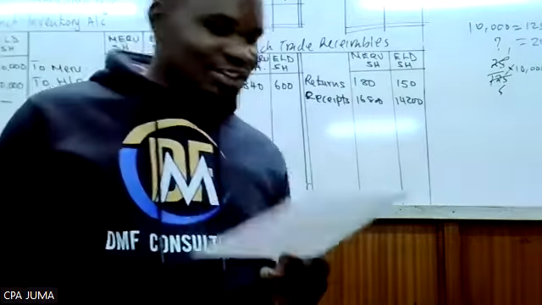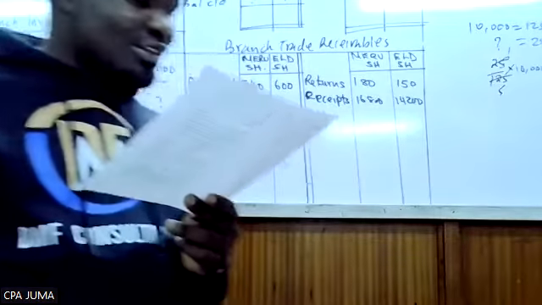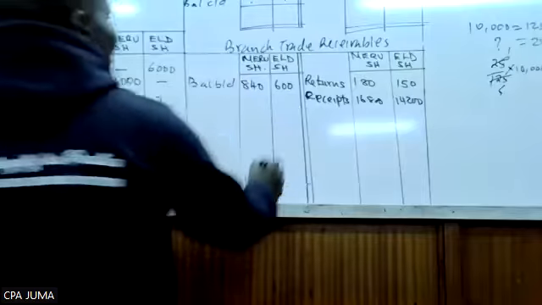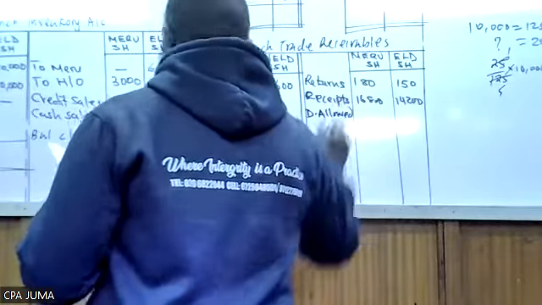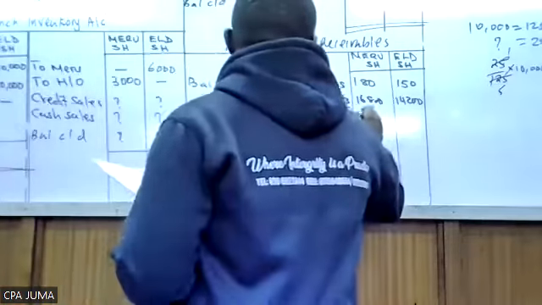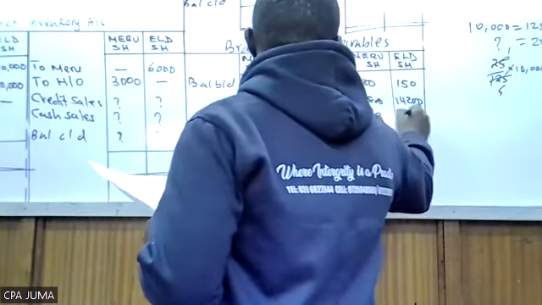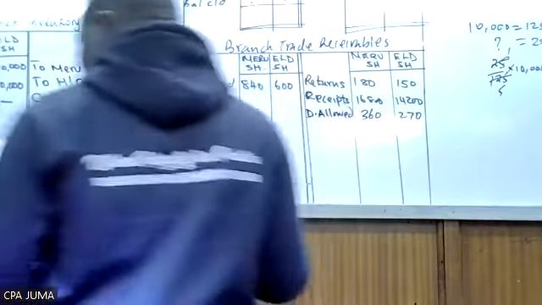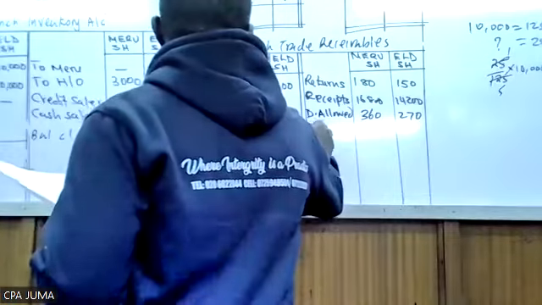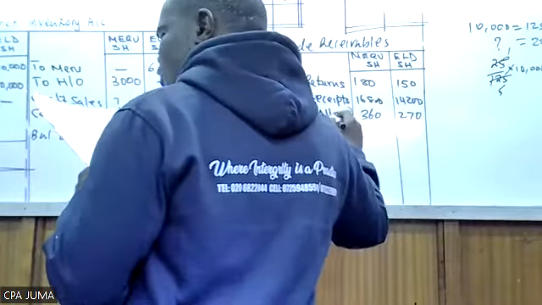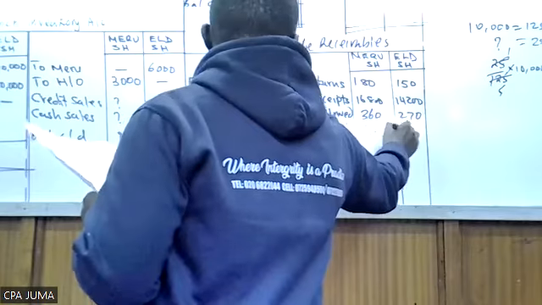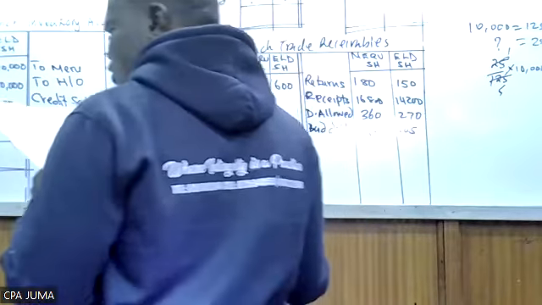So they are credit customers. And then there is discount allowed, 360 and 70. Bad debts written off 90,105.